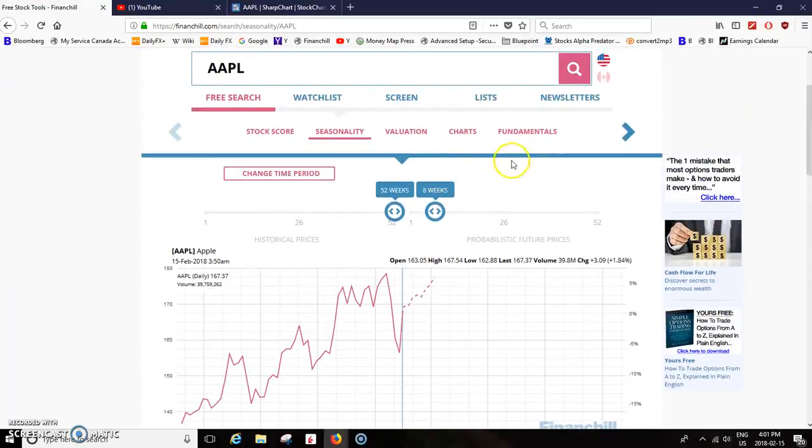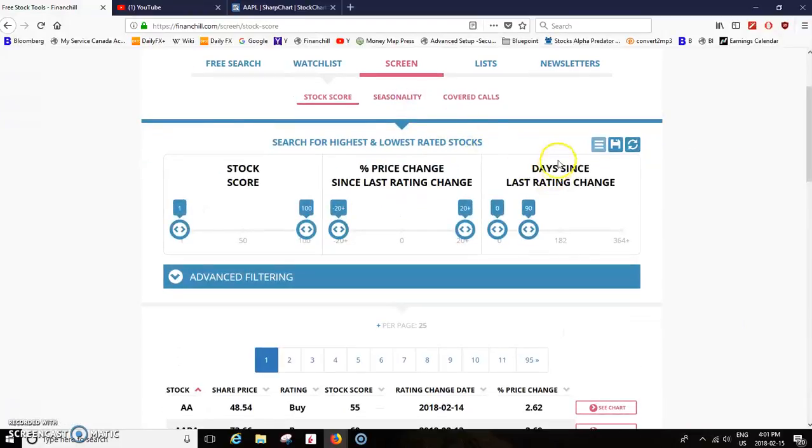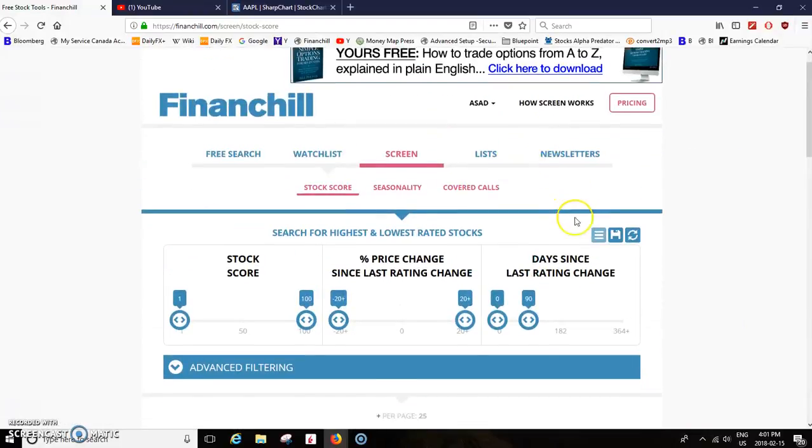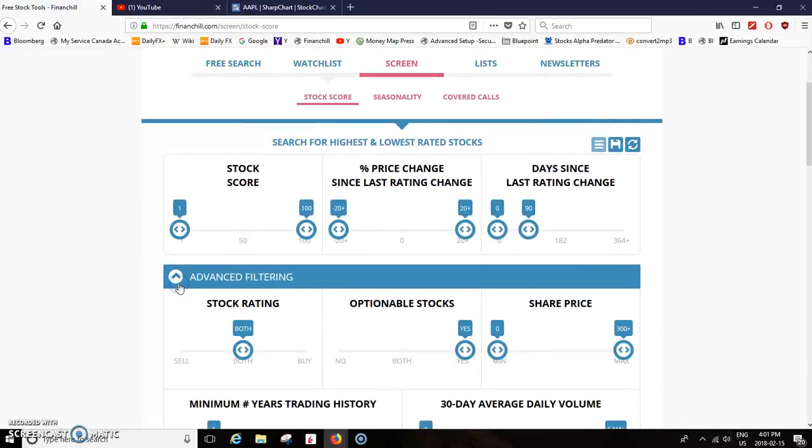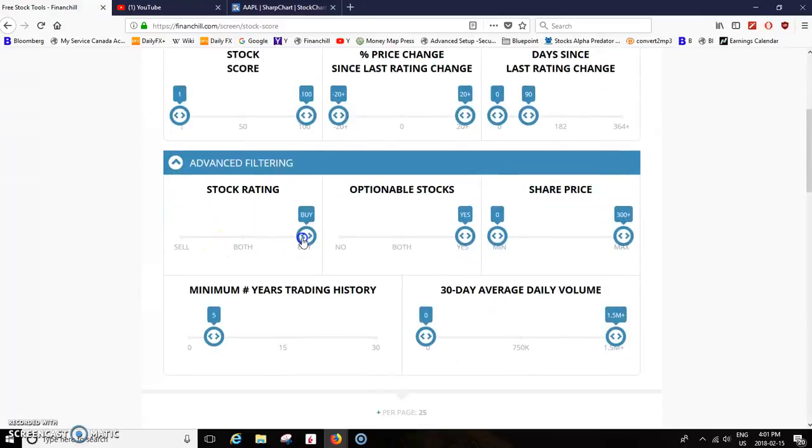You can go into the screen and then get more detailed information about stock score, whether it's a buy or a sell rating, price change since the last rating, days since. Let's say you just want to look at buy recommendations, stocks that are optionable, yes, share price.